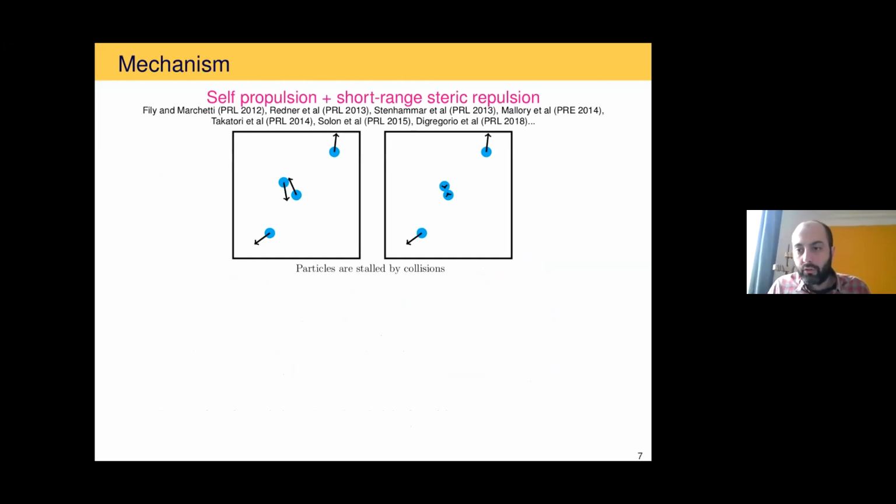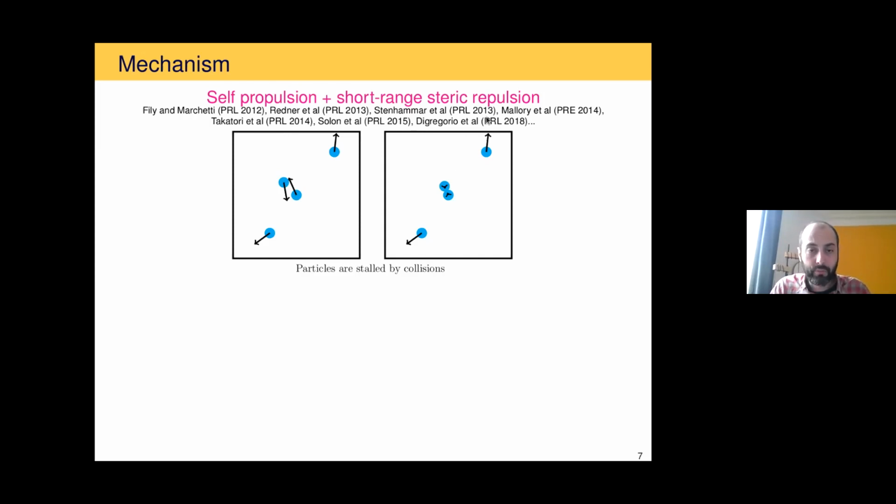So now let's consider many of these particles, and we just add a short-range steric repulsion. So these particles have a given radius, and they don't overlap. That's the model that has been studied by many people, the canonical model to observe MIPS.